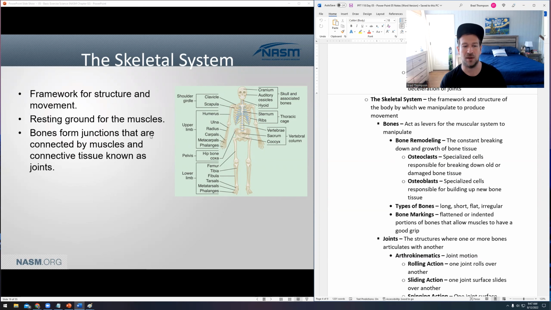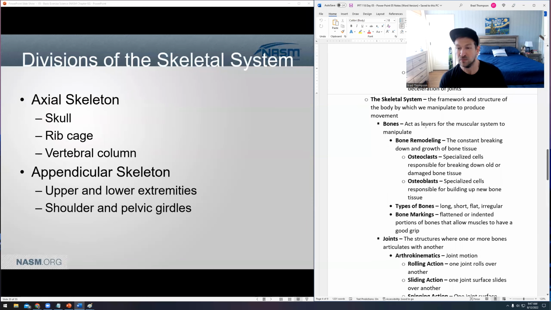Right? So your bones are coming together to form junctions that we call joints. Sometimes you will hear the word articulation, where one bone is articulating with another one. But it's just another fancy word for joint. So the bones are acting as levers, and that gives your muscular system something to move around, right?